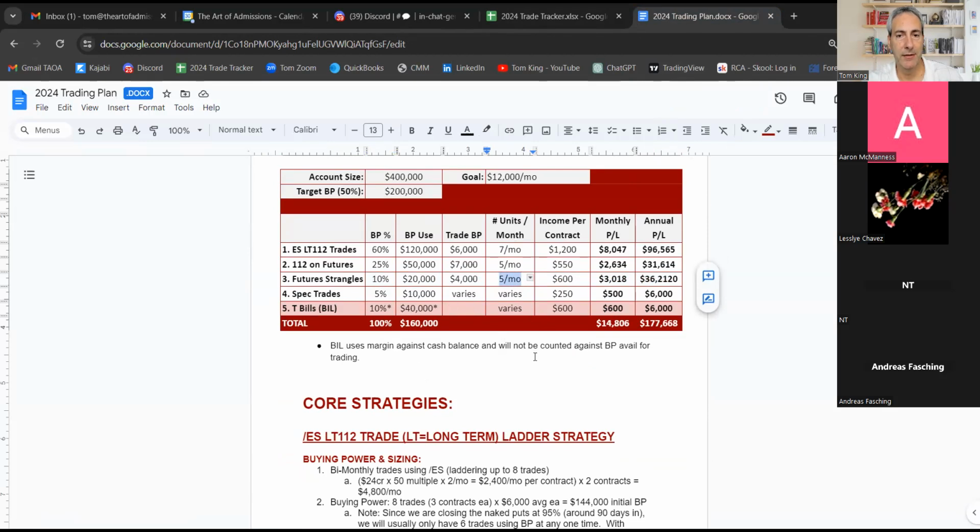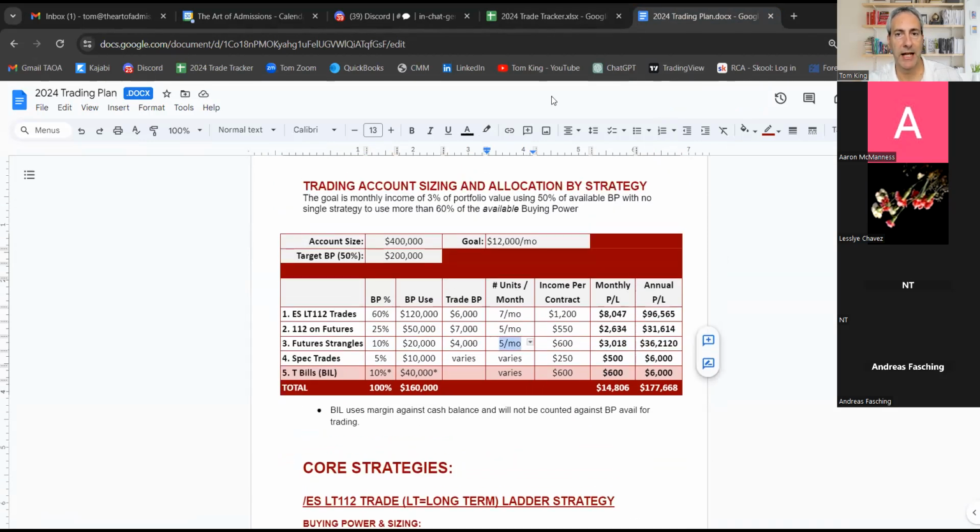Well, if I did my full size on oil, if I wanted to put on an oil strangle here, and if I went and did a new strangle, let's just pick this and put on a typical strangle, 60 somewhere around here-ish, something like that. So if I wanted to put this trade on, I'm going to use about $2,000 buying power, make 770.